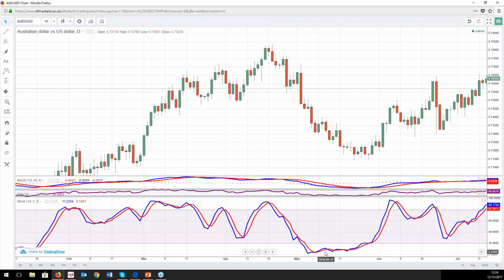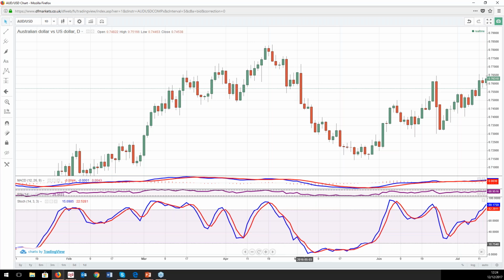Quite simply, if the stochastic goes into overbought territory, like it does here, it is the first warning sign that things may be overheating to the upside. An actual sell signal on this is the lines crossing and then the market coming out of overbought. That's the actual textbook signal from George Lane in the 50s and 60s.